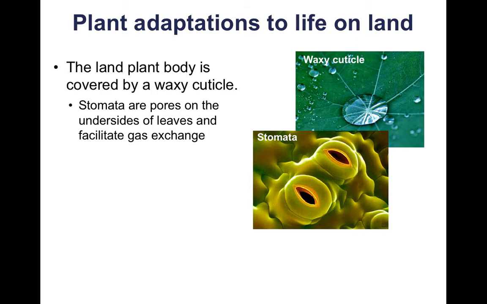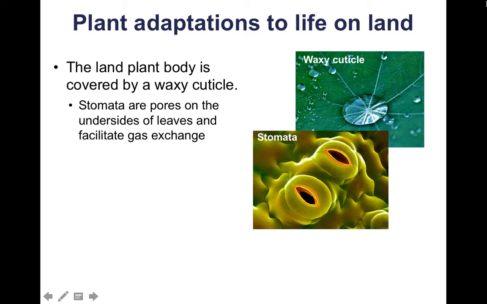Land plants also have what are called stomata. These are pores on the undersides of the leaves, usually, sometimes on the tops of leaves as well. They facilitate gas exchange with the environment. It's through these pores that carbon dioxide enters the plant and water vapor gets evaporated from the leaf.